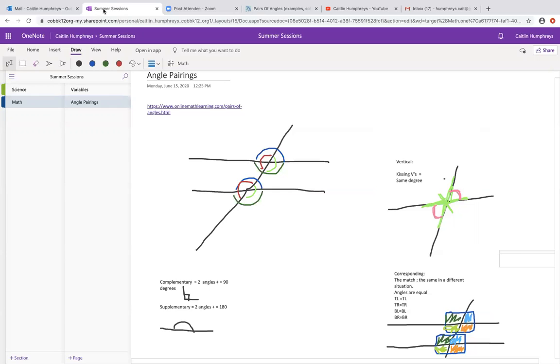Okay. Corresponding angles. Okay, same side and exterior.